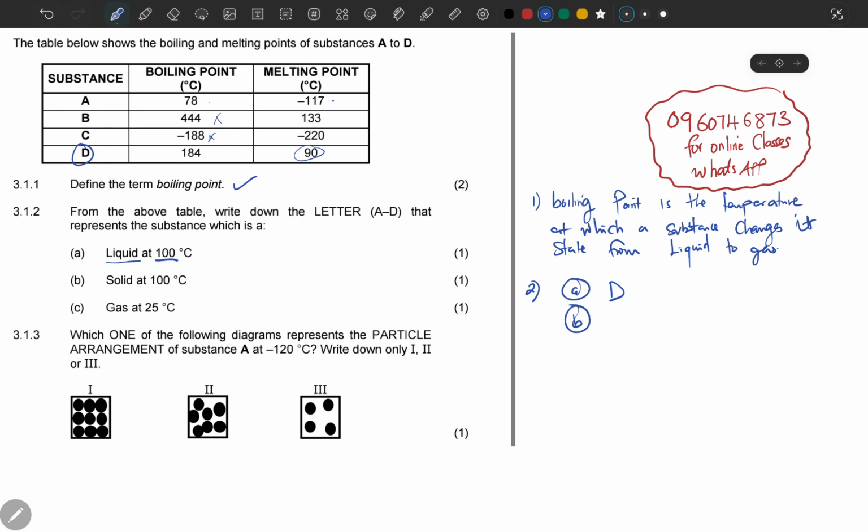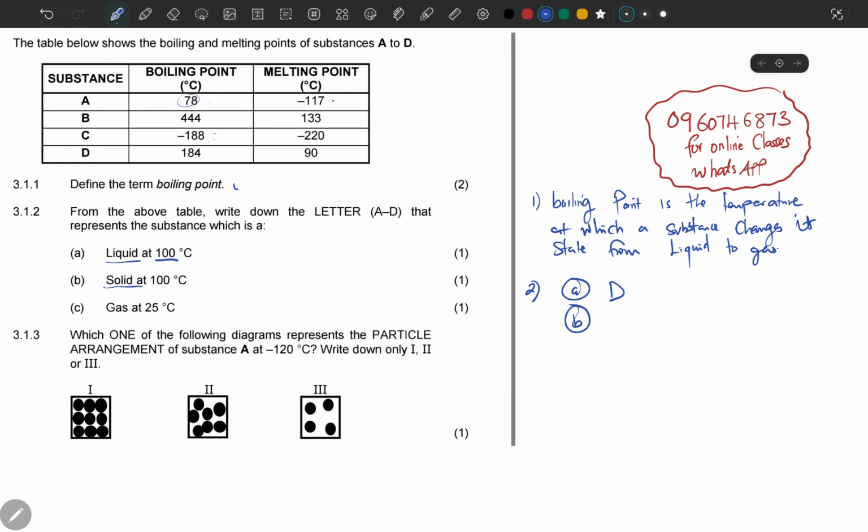Next, which is a solid at 100 degrees Celsius? The one which is a solid here at 100 degrees Celsius. Let's go back and evaluate our table again. You can see that A has got 78 boiling and negative 117 melting, quite low.